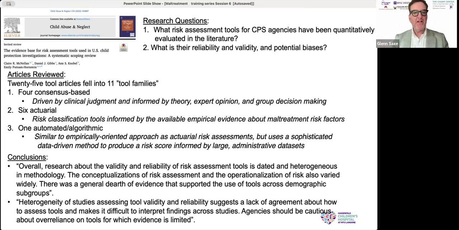Now, but then there is that one tool, and I want to talk about that because it's very interesting. This is published in JAMA Pediatrics.